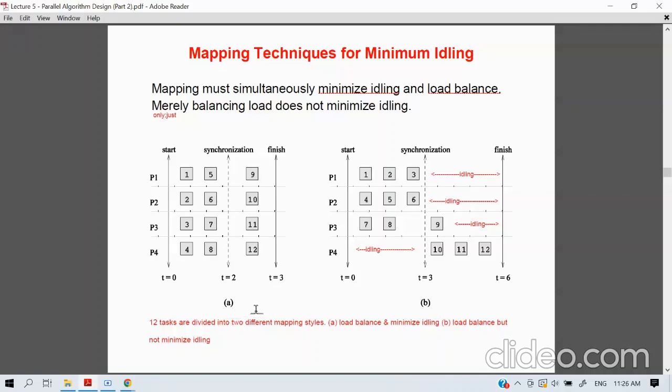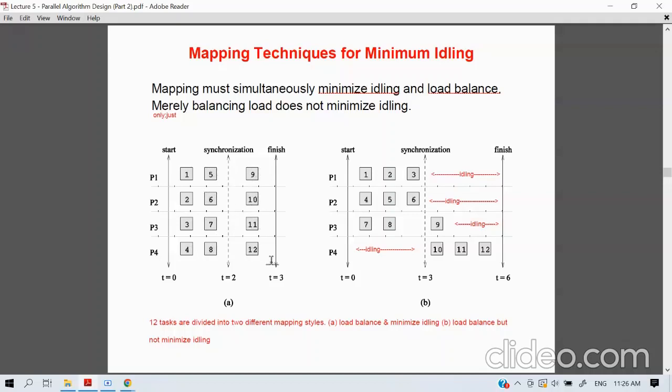In A, process 1 until process 4 have a balanced load. All 12 tasks are divided into the same load or same data sizes. It is load balanced and also minimizes idling. Why? P1, P2, P3 and P4 all have the same tasks and they can execute together at once.